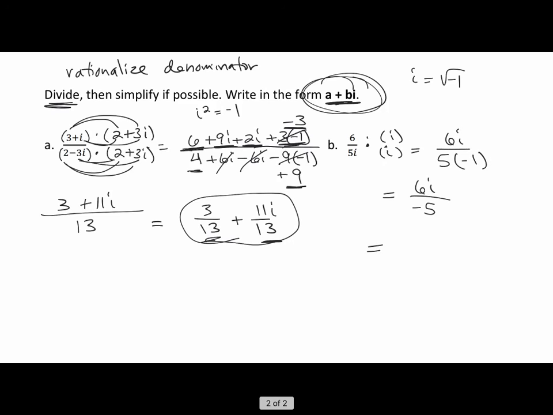So which term do I have here? Is this a real number term or an imaginary unit term? And this is imaginary, so this is -6/5 i. So what would our real number be? We don't have one because it's 0. So that completes the simplified complex number from rationalizing this denominator.